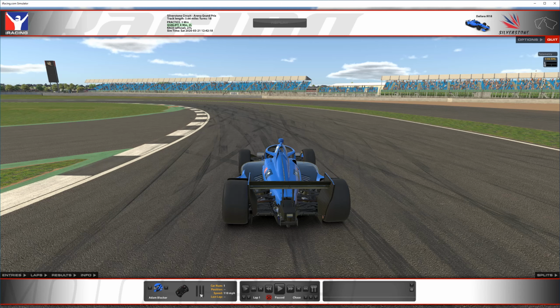And steady-state behavior means you might as well throw the dampers out because it has nothing to do with them, and it's just some steady-state balance thing: weight distribution, rake, springs, tire pressures, you name it, right? Wing angle.